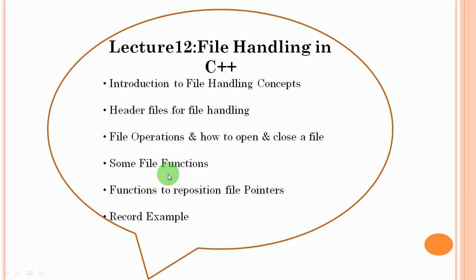Then we look at some of the file handling functions, and then the functions to reposition file pointers. In the end we look at a record example that implements most of the functions of the file handling topic in C++. So lecture 12 is also followed by a quiz and assignment.